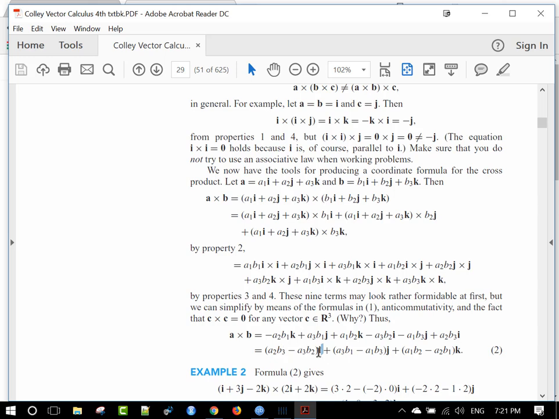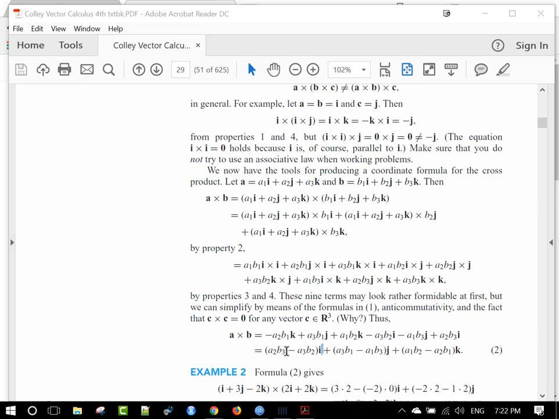So that's one thing we can remember, that the I in the result for A cross B won't have, as its coefficients, any subscripts of 1. Okay, and similarly for J, there's no subscript of 2, and for K, there's no subscript of 3. So that's one thing we can remember.